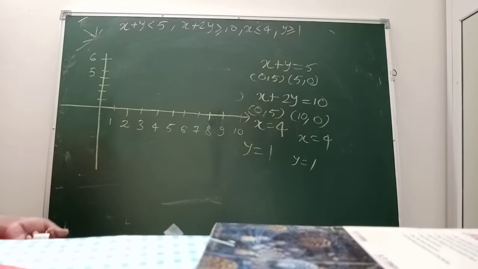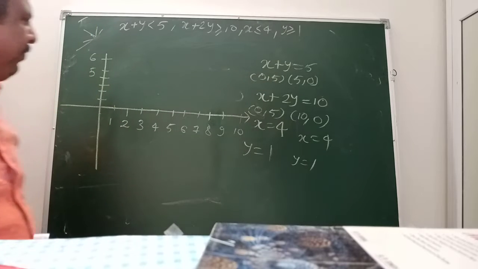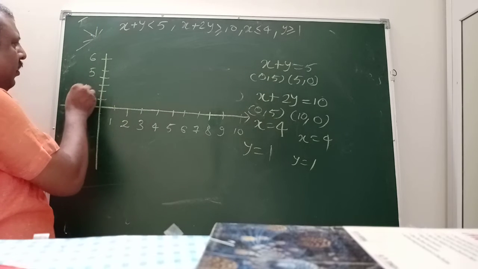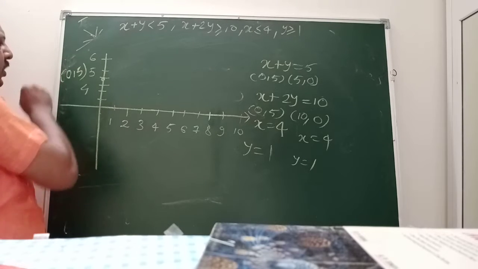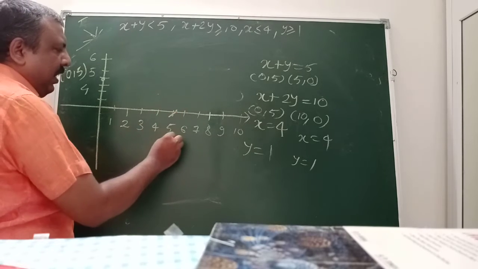There is no negative one. So I am taking 0, 5 and 5, 0, where the value of x is 0 and 5.